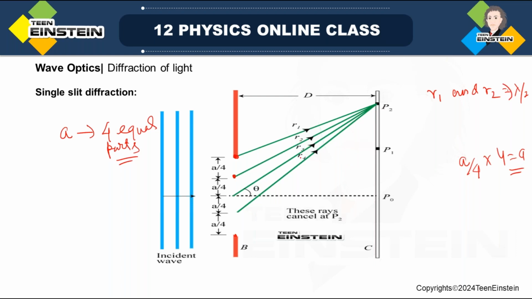Similarly R3 and R4 will have path difference lambda by 2. So if you take any point in the first half, there will be a corresponding point in the second half to cancel it out.